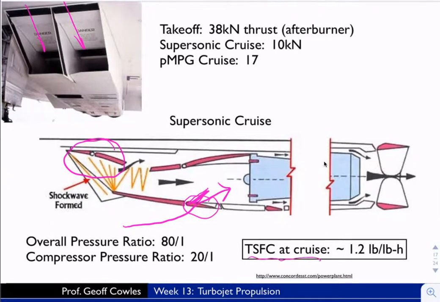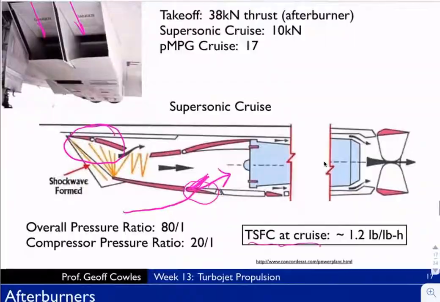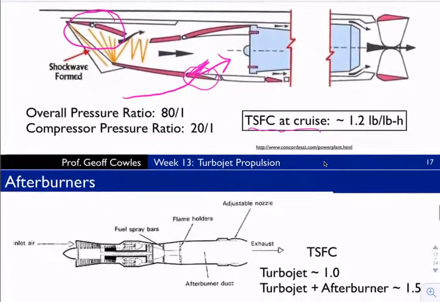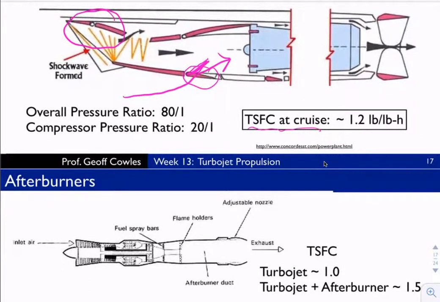And it wasn't a particularly efficient engine. At cruise, you're talking about 1.2 TSFC. So this is the high end of the chart we looked at before. I don't recall what the passenger miles per gallon of the Concorde is. It's in the teens, I believe, something like 15 passenger miles per gallon. But people who flew this weren't afraid of throwing their money at the fuel that was carrying them across the Atlantic.